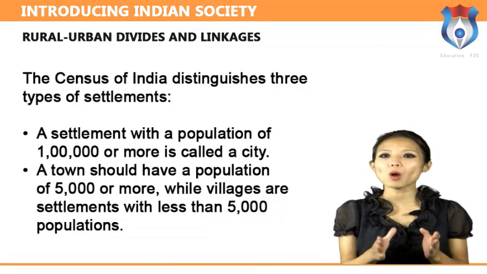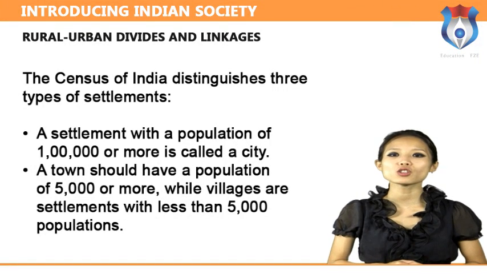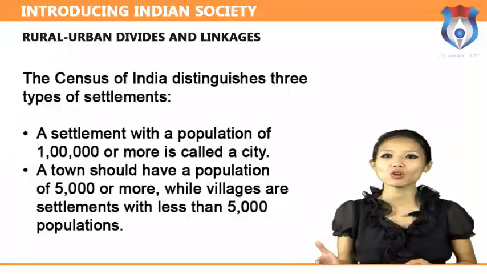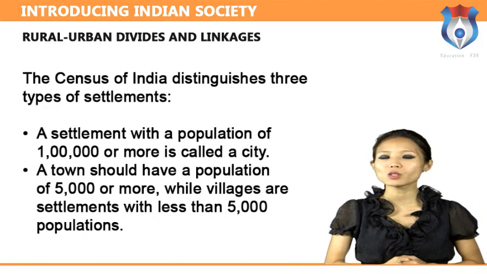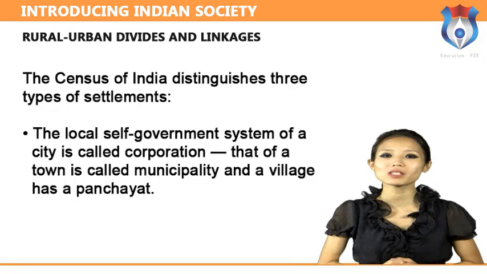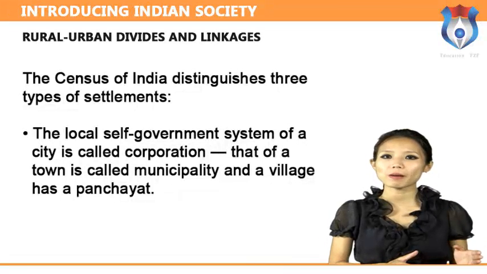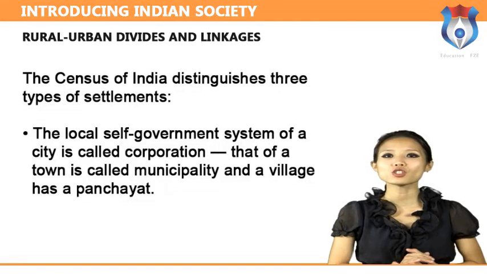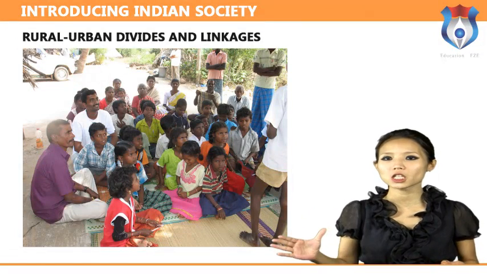A settlement with a population of 1 lakh or more is called a city. A town should have a population of 5,000 or more, while villages are settlements with less than 5,000 population. Local self-government system of a city is called corporation, that of a town is called municipality, and a village has a panchayat.